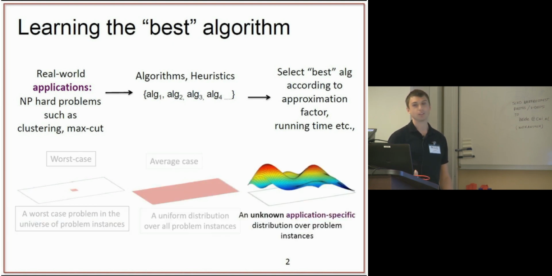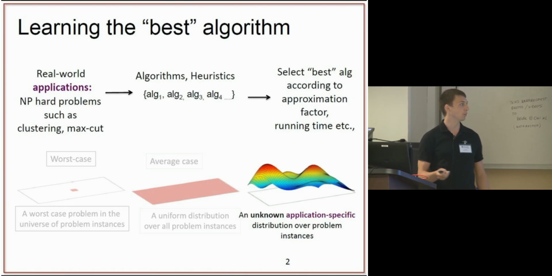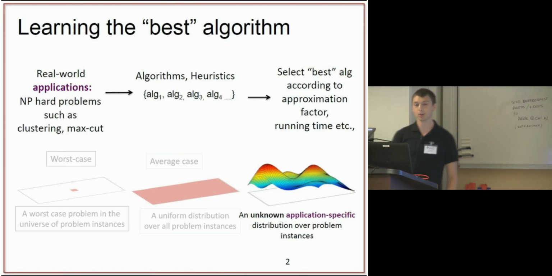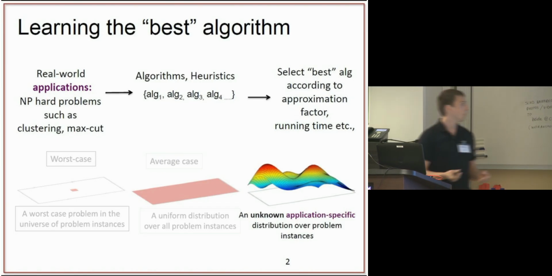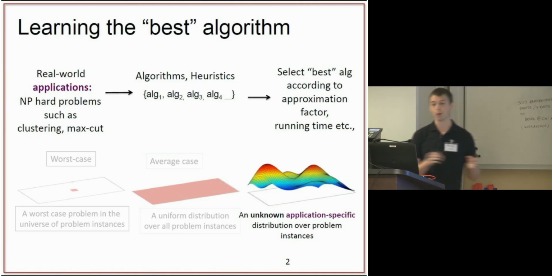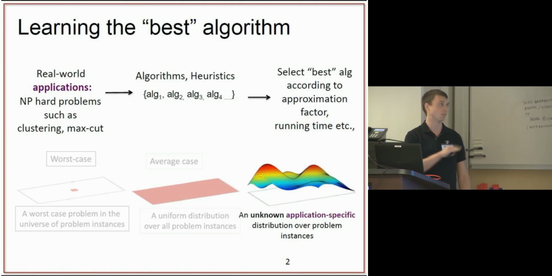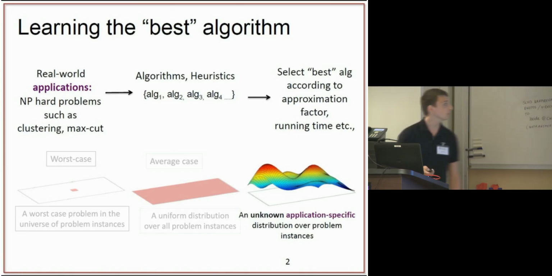But maybe since we have one specific application in mind, what's most natural is to think about our application as a distribution over clustering instances. So maybe protein sequencing clustering instances look a certain way, and we have some distribution. So we want to find the best algorithm for that distribution. This is what I'm going to be discussing in this talk.